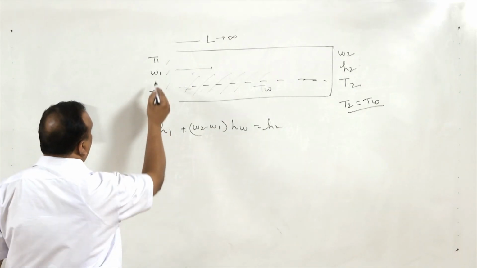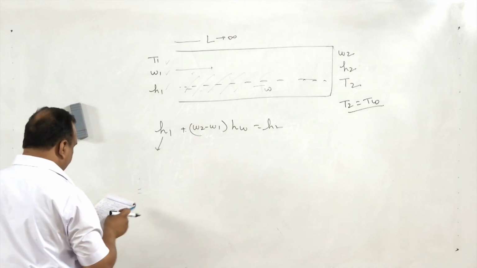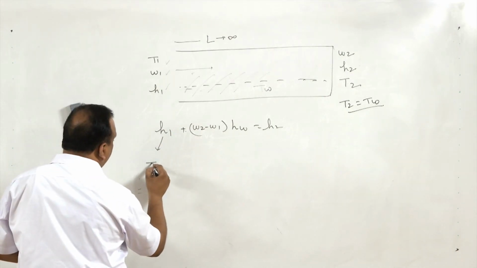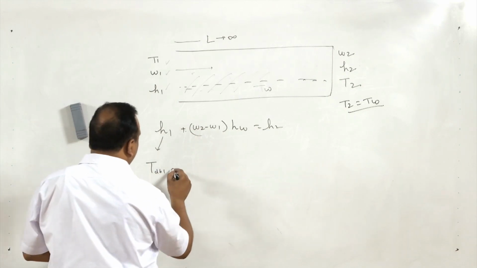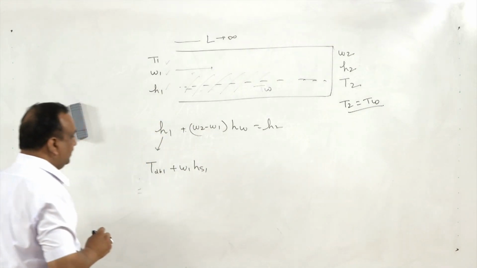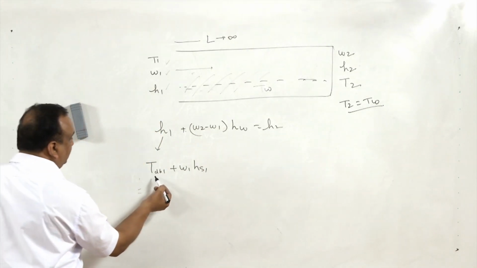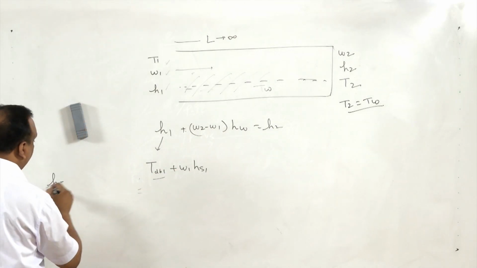Now, H1, because it is a mixture of air and vapor, is going to be TdB1 plus W1 HS1. We are taking TdB1 for enthalpy because enthalpy is a change in enthalpy.